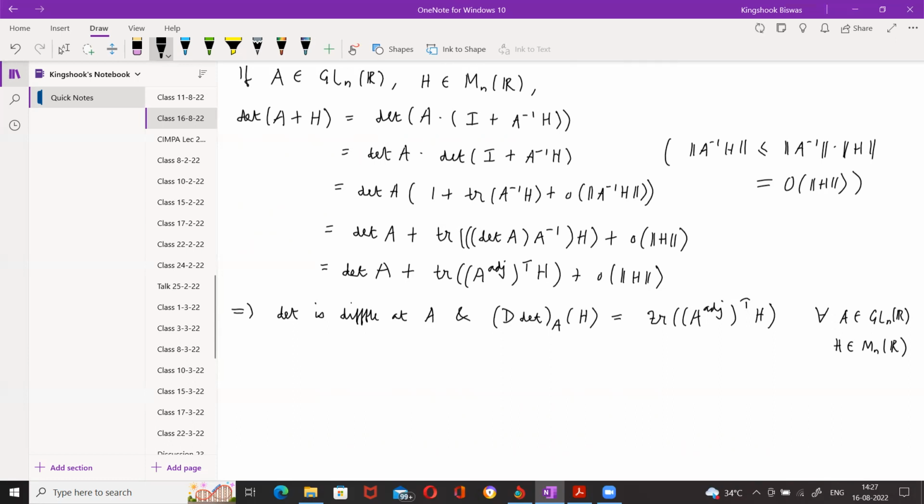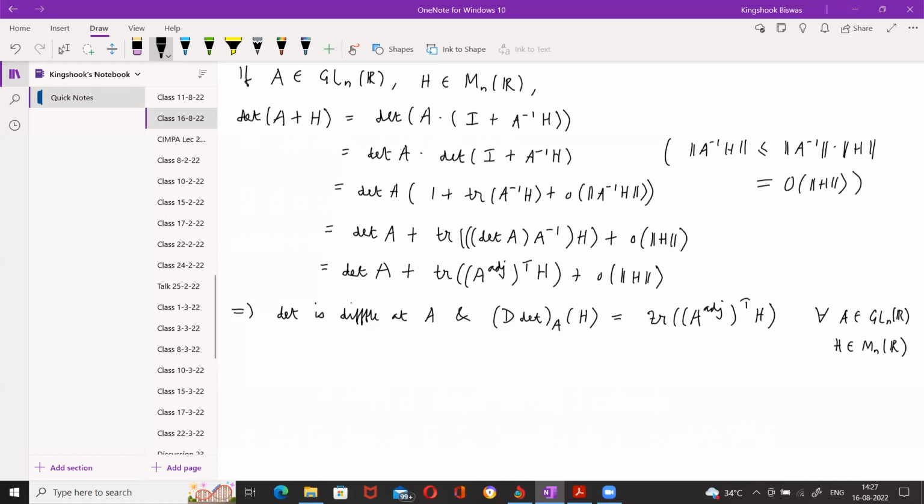So its derivative will also be polynomial. Each component of the derivative will also be a polynomial function in A and in H. And similarly, the right-hand side is also a polynomial in A and H, okay?